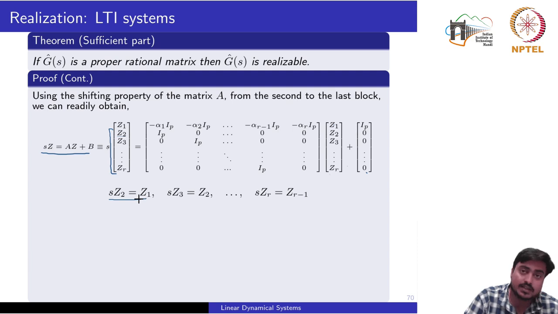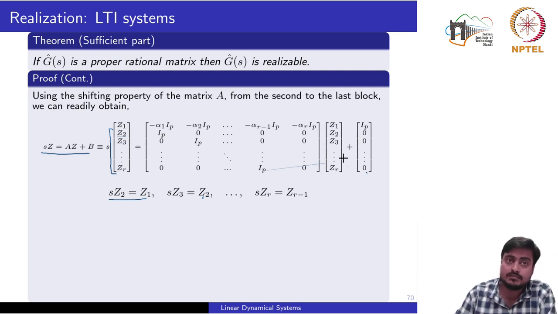So this is this part, that s times Z2 is equal to Z1. If we see the third element, it is s times Z3 is equal to Ip times Z2, where I is an identity matrix, and so forth and so on. If we keep on continuing, it would be s times Zr is equal to Ip times Zr minus 1. Okay, because all these other elements are 0.